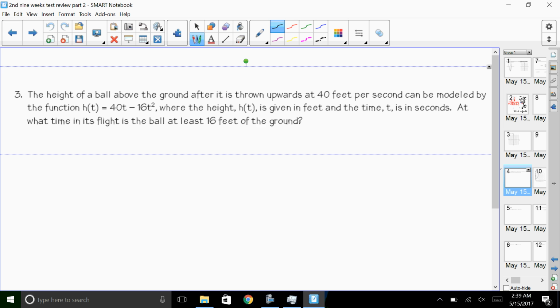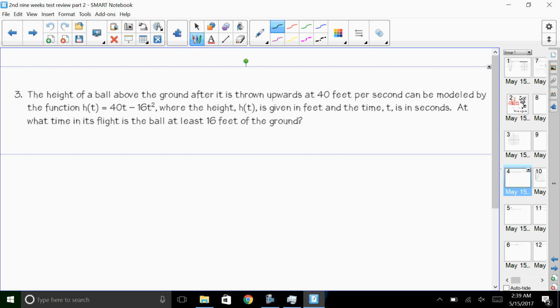So the question says the height of the ball above the ground after it's thrown upwards at 40 feet per second can be modeled by the function h of t equals 40t minus 16t squared, where the height is given in feet and the time t is in seconds.